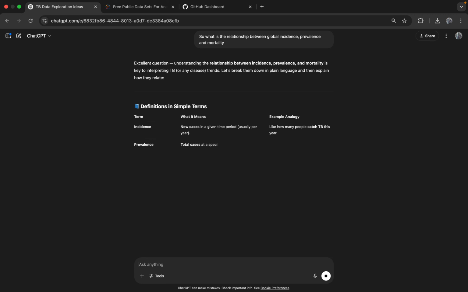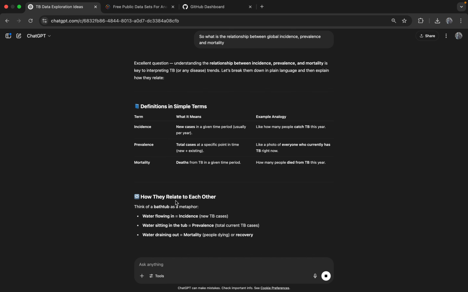So incidence is the new cases in a given time period, usually per year. Like how many people catch TB this year? Then prevalence is the total cases at a specific point, like a photo of everyone who currently has TB right now. Then mortality is deaths from TB in a given time period. How many people died from TB this year?